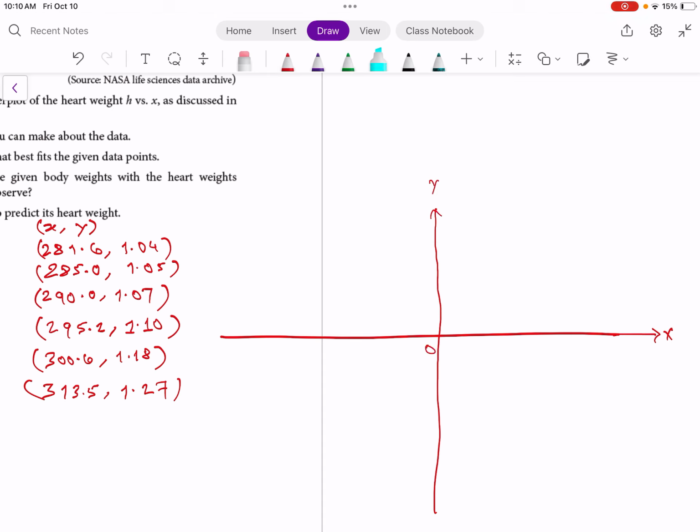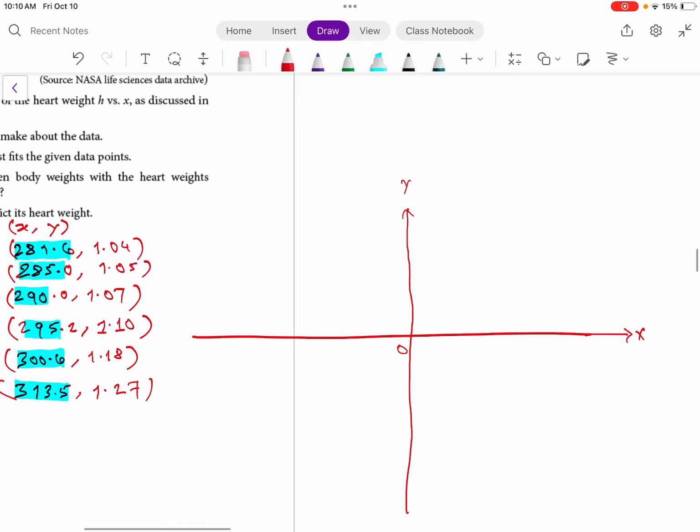Now, how do we start our scale? So our x values are 281.6, 285, 290, 295.2, 300.6, 313.5. So how do you want to start your scale? And when you are graphing, you always need a scale, okay? So the smallest one is 281, right?